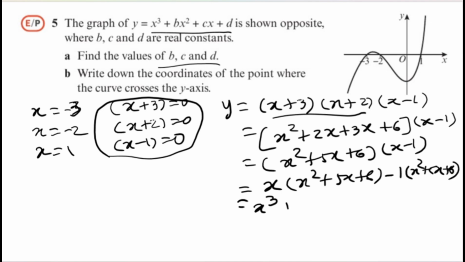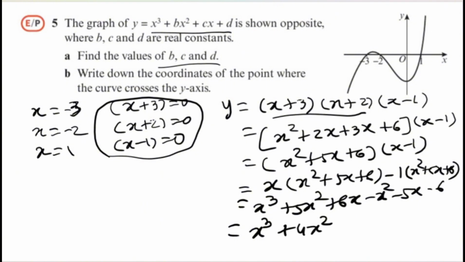So x cubed plus 5x squared plus 6x minus x squared minus 5x minus 6. x cubed, 5x squared minus x squared will give me plus 4x squared, plus 6x minus 5x will give you plus x minus 6.